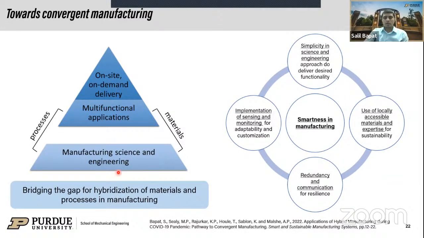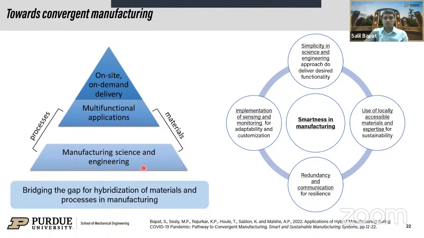So if you look at a pyramid, you have advances in manufacturing, science, and engineering. You have multifunctional applications, and at the top, your end goal is to have an on-demand, on-site delivery.